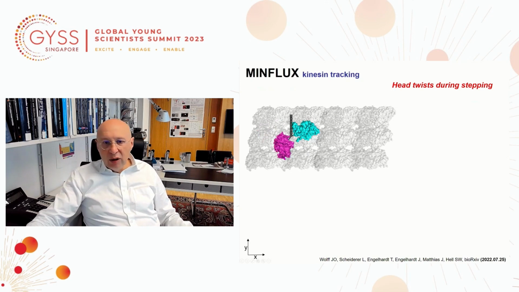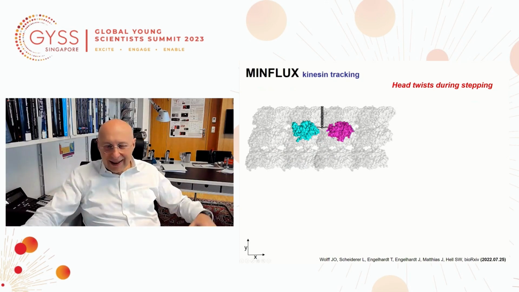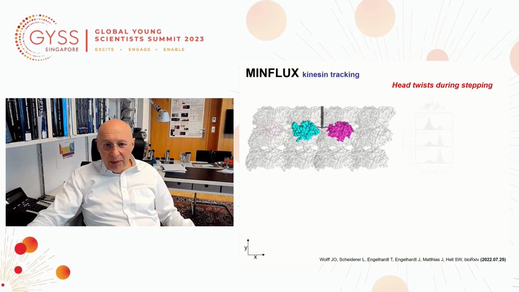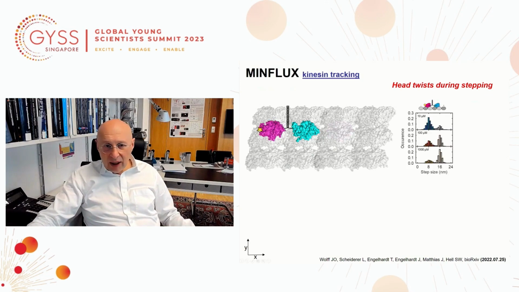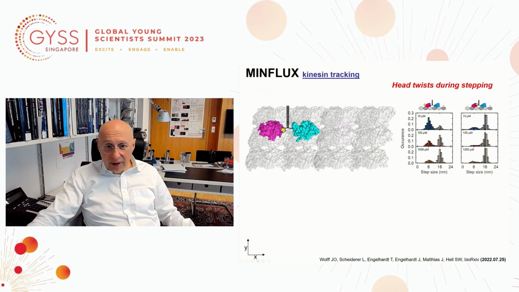And not only that, we can also use it to find out how the heads, as they call them, of kinesin move. This can be done, for example, by labeling the head here at the end. Then you watch how this fluorophore changes its position in space, and then you label it here and watch again how this fluorophore changes its position in space.